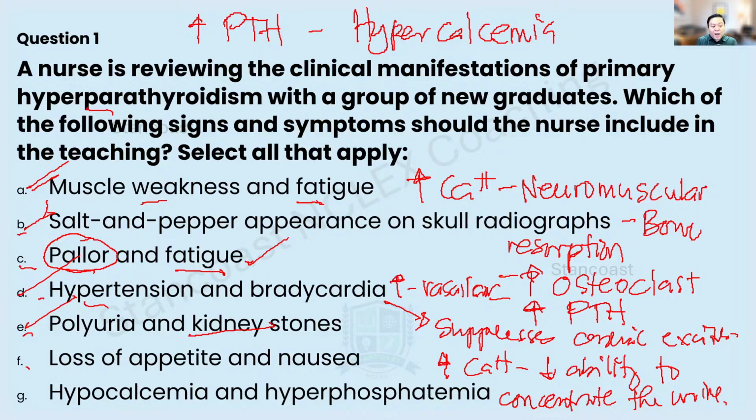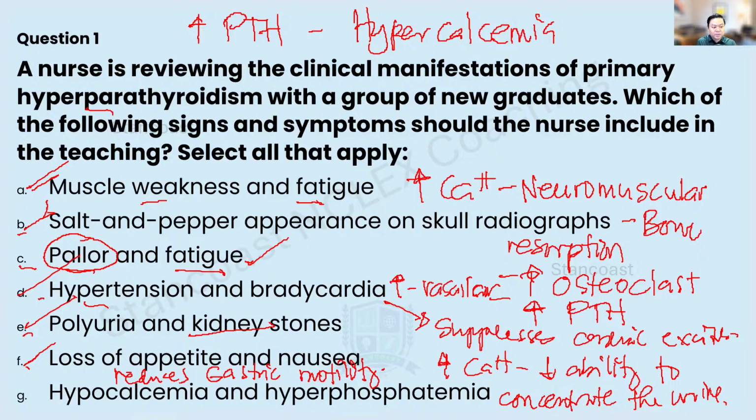The reason why we're going to pick letter F as well is that excessive calcium in the bloodstream can also reduce gastric motility. And that is why they're going to end up with nausea. This can also affect the digestive enzyme secretion. That is why they're going to end up with loss of appetite and nausea.